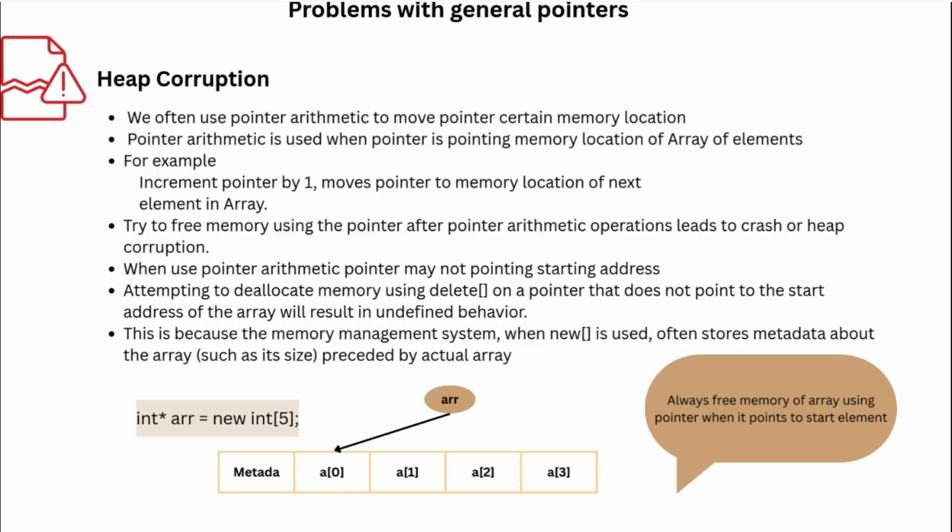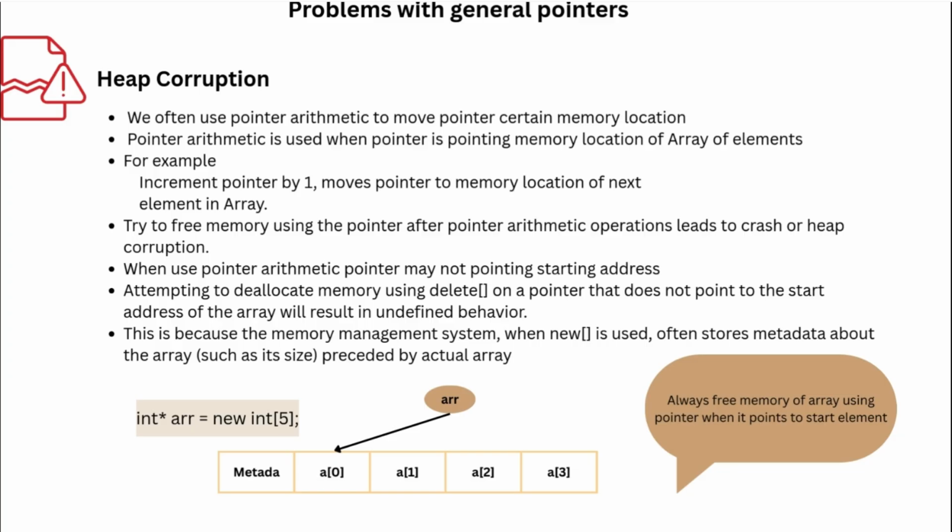We will discuss in further lectures how this metadata looks, but let's say there is a metadata which tells how much memory is allocated or how many items are created after it. Your pointer is pointing to the first element, and you free it.